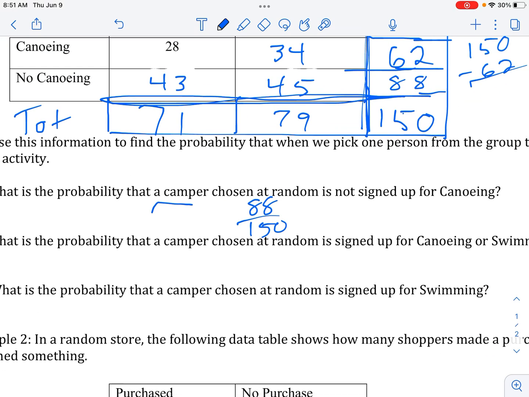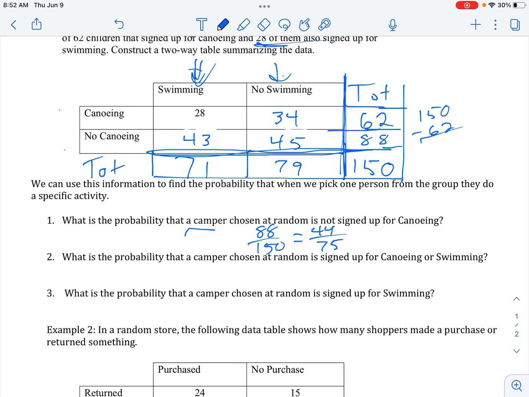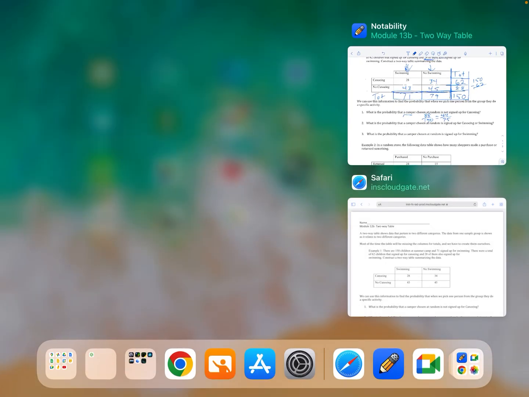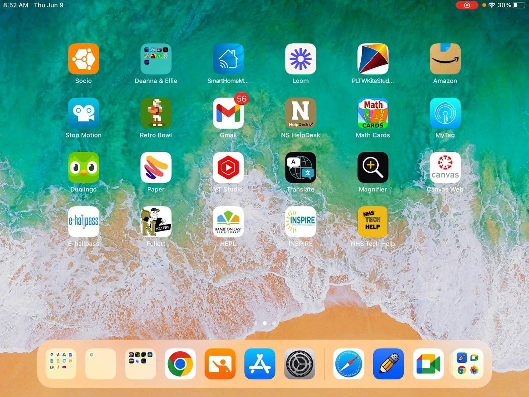All right, now we could reduce that fraction. That would be 44 out of 75 if I divide by 2. But they may also even have you do the decimal for that probability. So let me, I thought I had my calculator there. All right, so let's figure that out real quick.